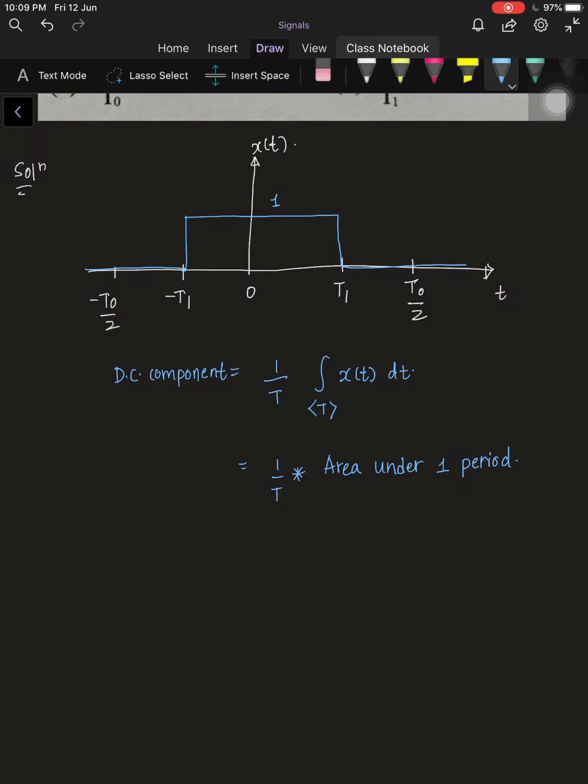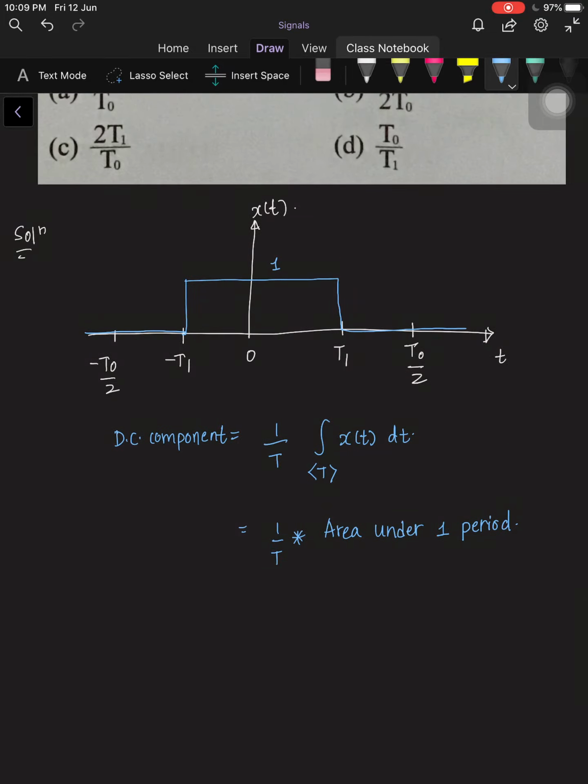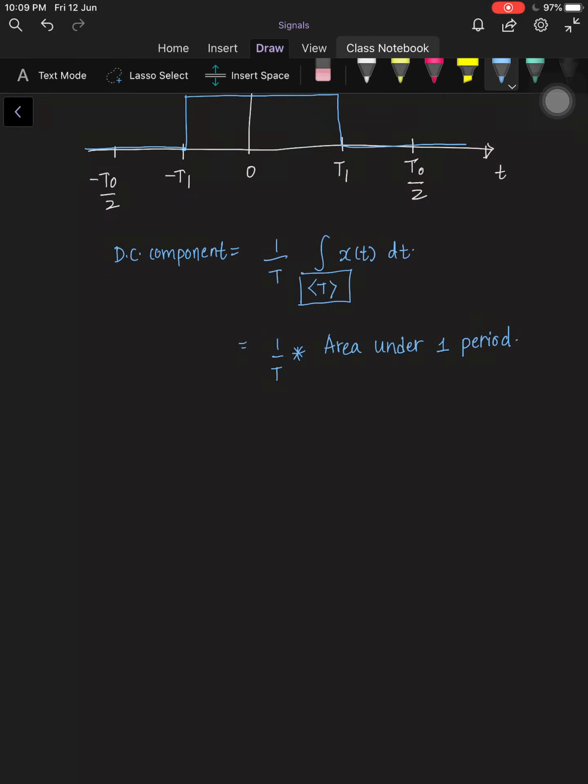In the last video I have already explained the meaning of one period. Since the signal x of t is even symmetric, by the rules of calculus we know that this is 1 by T times 2 into the integral from 0 to t1 of x of t dt.